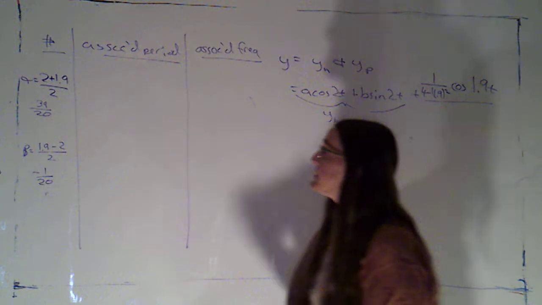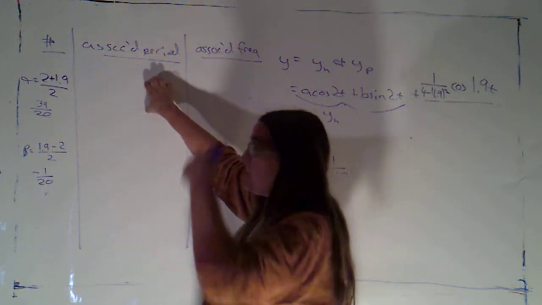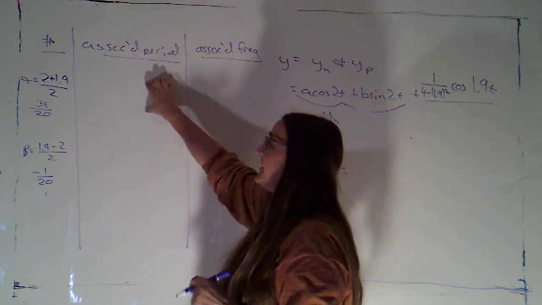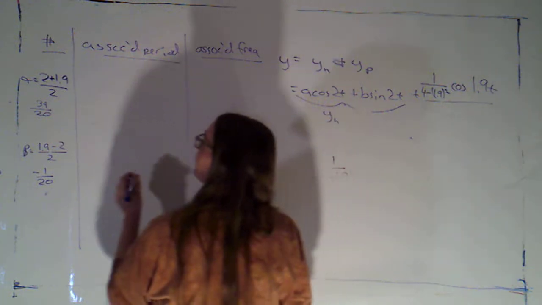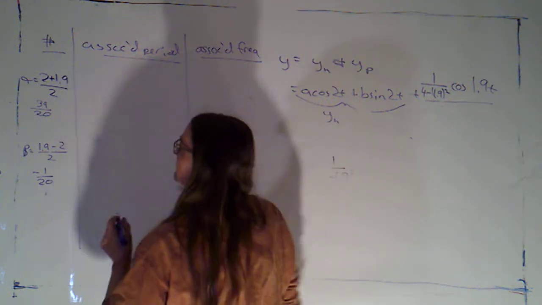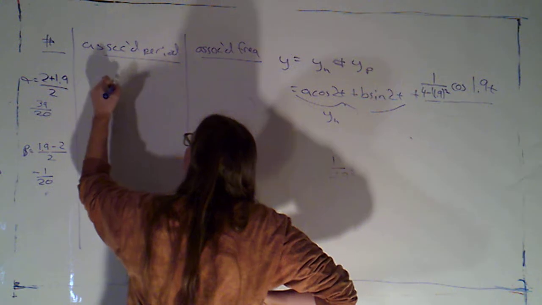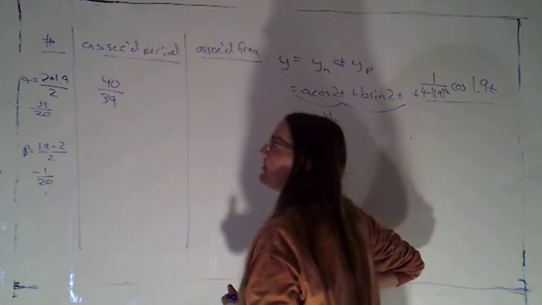So a period is just 2 pi, the original period for sine and cosine, divided by this number. So that's going to be 2 pi times 20/39, which is 40 pi over 39.